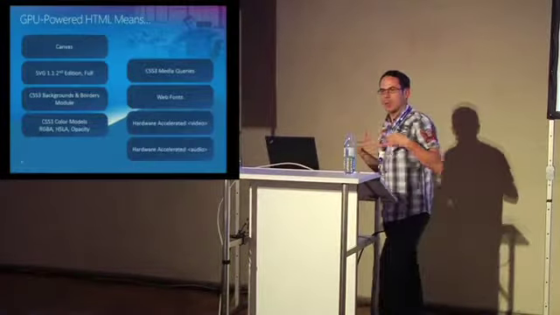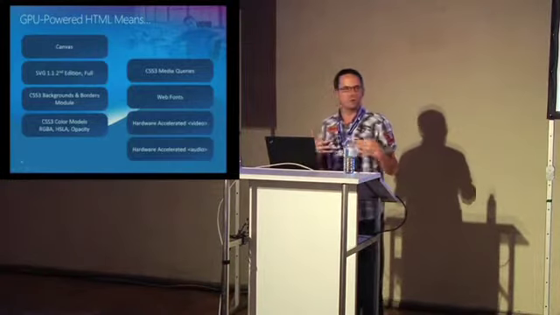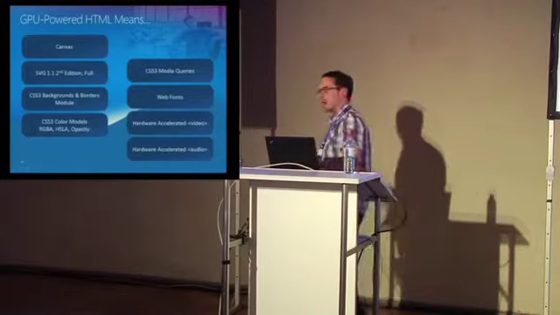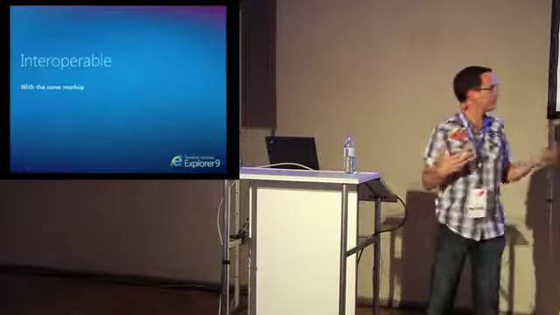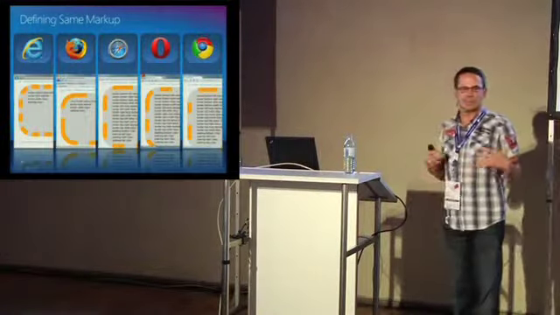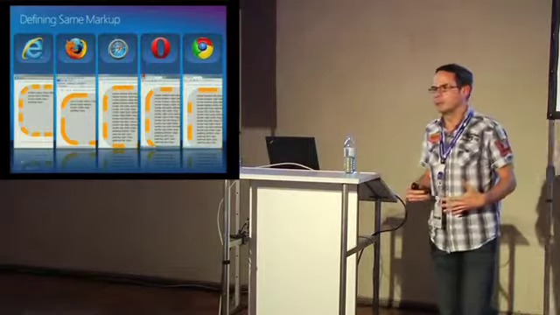At the same time, that leads into making sure that we do a great job implementing the HTML5 and CSS3 stuff. That leads me right to interoperability. Interoperability, defining the same markup, is a really important thing, right?